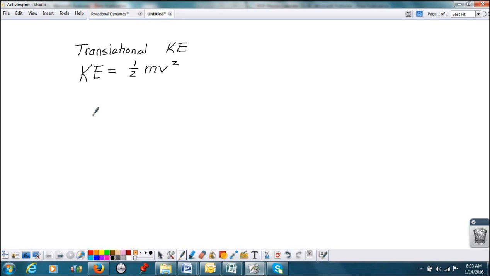We're going to go ahead and relate that to what we are now talking about with rotational kinetic energy. We're still going to use the symbol kinetic energy. We're just going to put an ROT underneath it so that we denote that it's for rotational. And the equation is going to be very similar. It's 1/2.